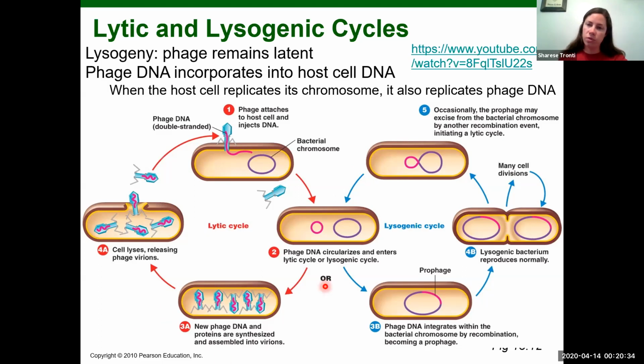And so, for example, I always like to use the cold sore example because most people are familiar. So a cold sore can stay dormant in the lysogenic cycle for some time. And then sometimes it's stress or being out in the sun. But for some reason, then the viral DNA will excise out and enter into the lytic cycle. And then it will replicate. And that's where we will see the actual cold sore develop.